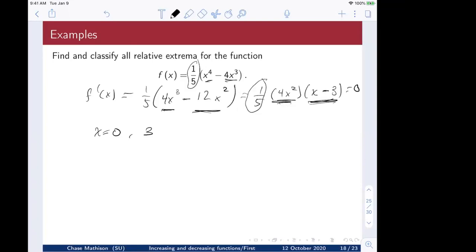But 1/5 is clearly not 0. You could set 1/5 equal to 0, but you don't get any solutions from that. So that's why we ignore that when we're factoring and setting equal to 0. Any other questions?